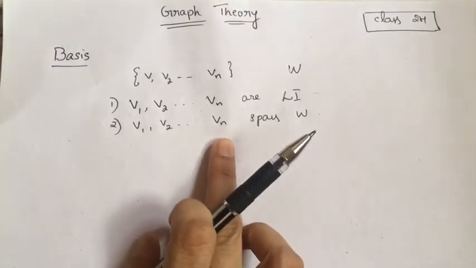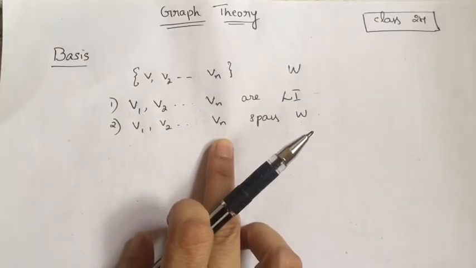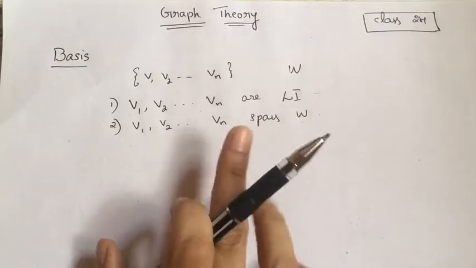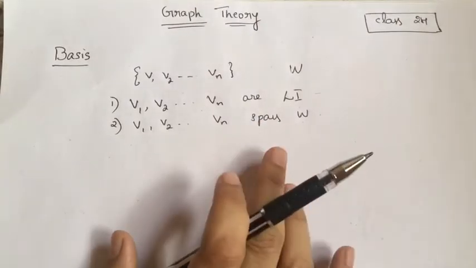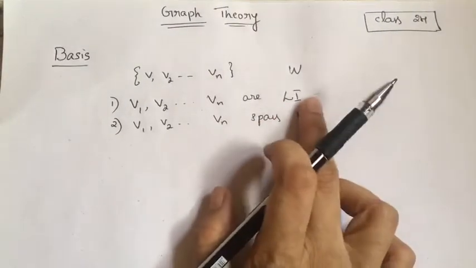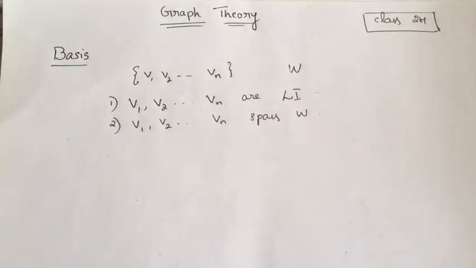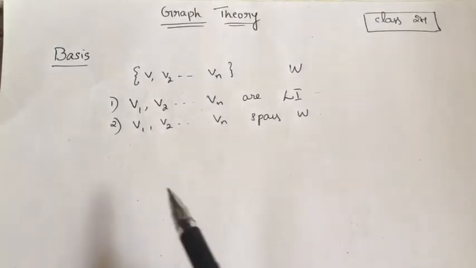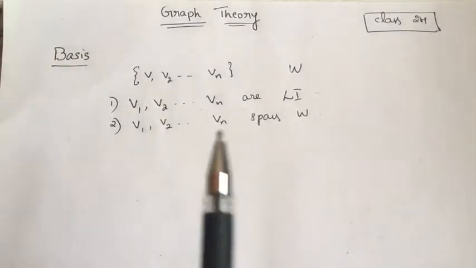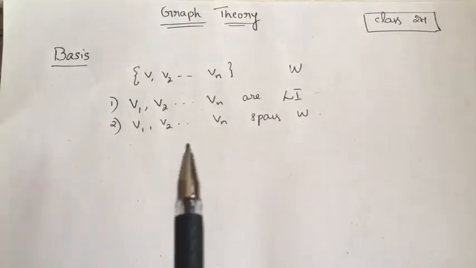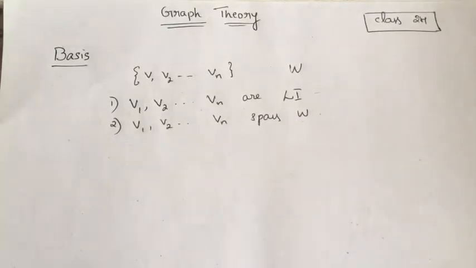So the dimension of the vector space W is the minimum number of linearly independent vectors required to span W. Remember one thing: a vector space can have any number of bases, but the number of vectors in each of them must be equal.